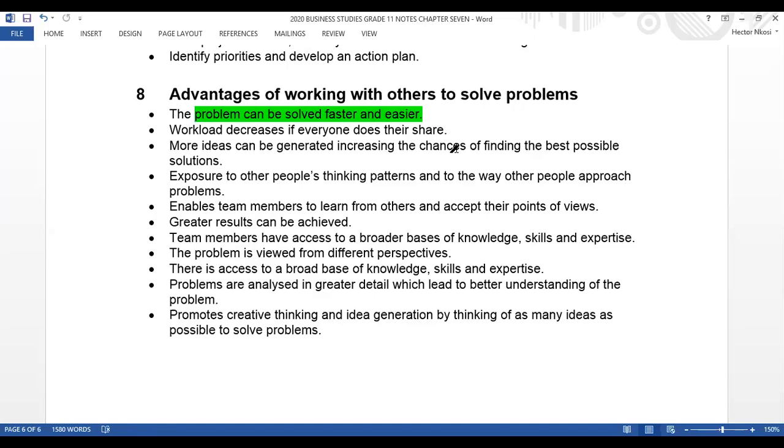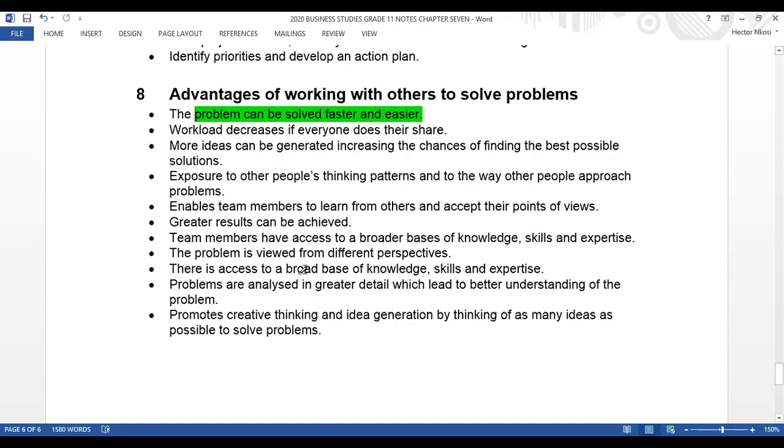Because now you guys are going to delegate duty to each other. Maybe if there are 6 questions there and it's 6 of you, each person will be entitled to 1 question, to each question, basically. Then you guys can share. Also, more ideas can be generated, increasing the chances of finding the best possible solutions.